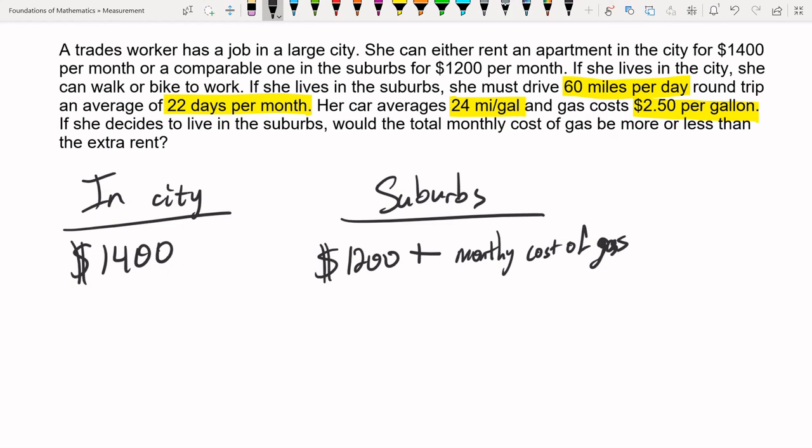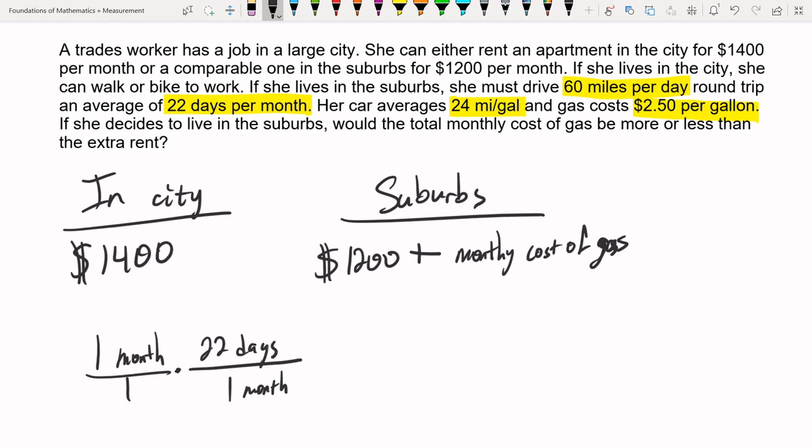First off, how many days is she going to drive? She's going to drive 22 days per month. So what we're going to do is take 22 days. Really what we're doing here is we're saying 1 month of driving over 1, multiplying by, in 1 month of driving we have 22 days of driving.